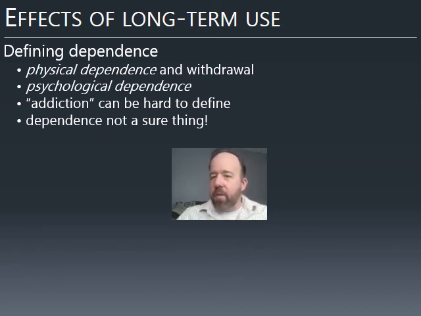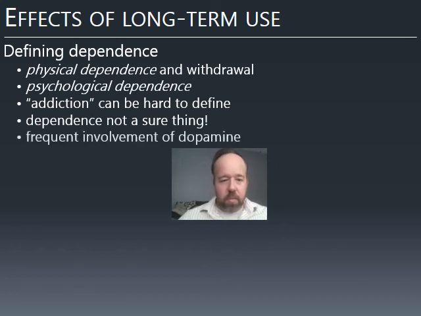You could be a heavy user of a drug for months or a year and then have no trouble stopping. So dependence is not guaranteed, and it depends on the drug as to how likely dependence is. Again, dopamine is a frequently involved neurotransmitter here. So drugs that enhance dopamine, like stimulants, tend to be more addictive than drugs that don't, like the hallucinogens.